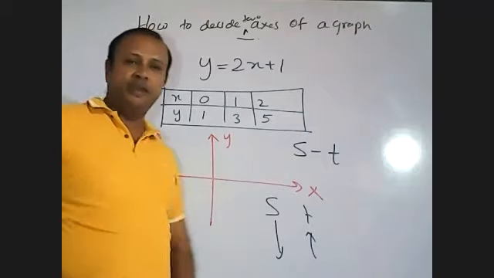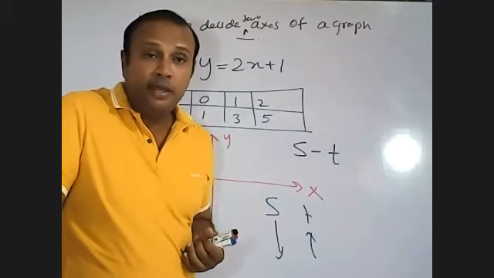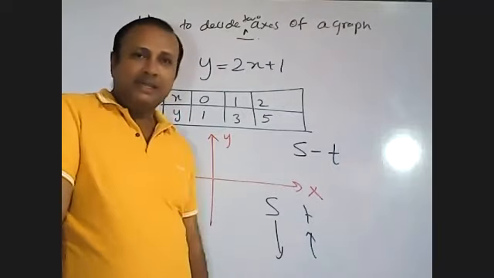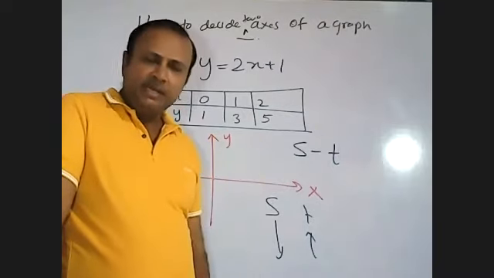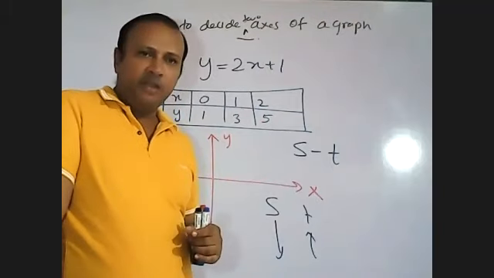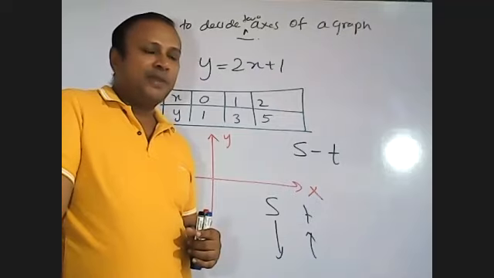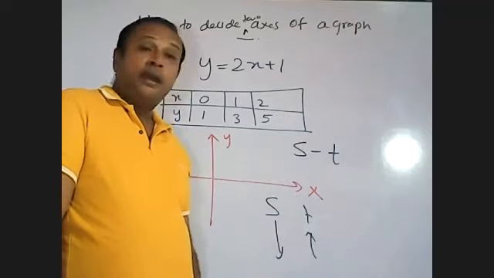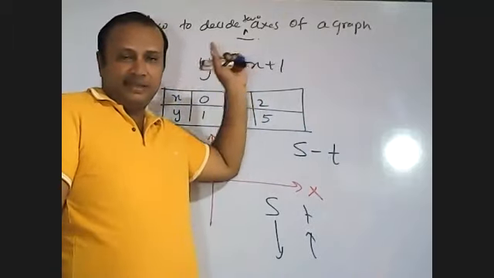I will do that in future, because when we are doing graphical representation of some practicals, we have to decide what is an independent variable and what is a dependent variable. Then we can decide which one is going to be represented on the x-axis and which on the y-axis.